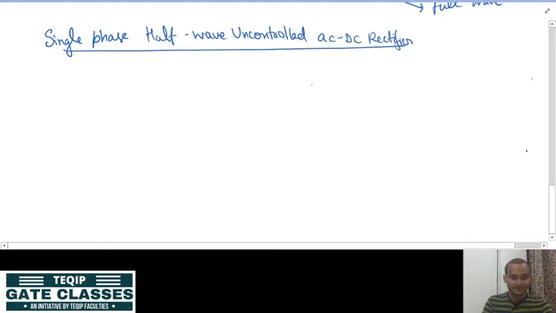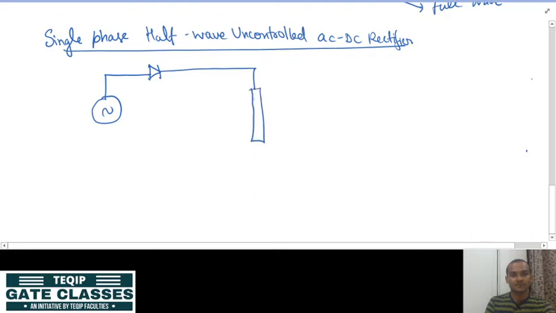Now, see, when we are talking about single phase half wave uncontrolled rectifier, we know that we have got this. This is our load, this is diode, and these are my references.